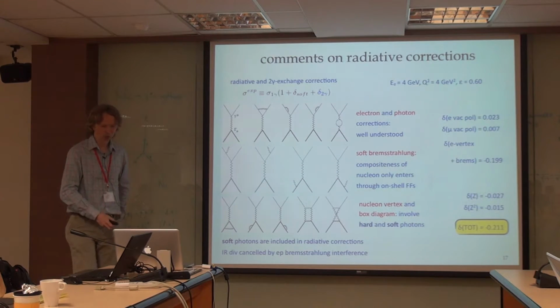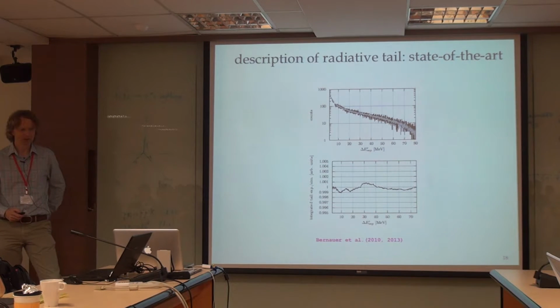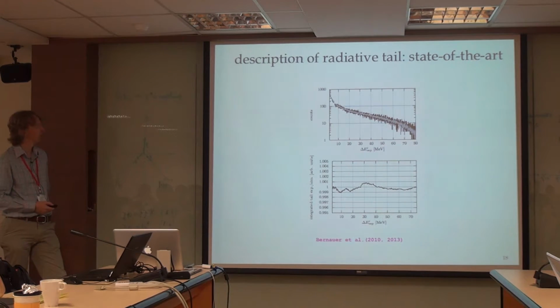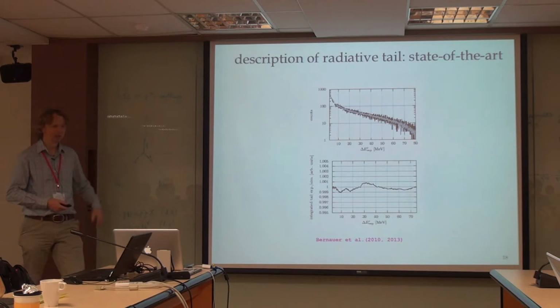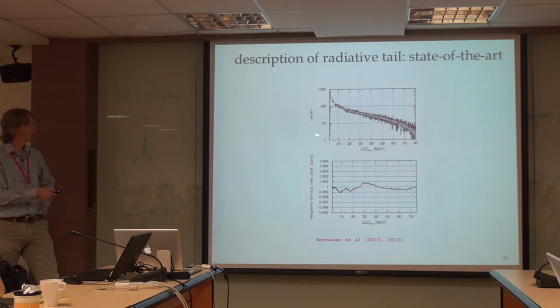Now, coming to your question, indeed, how does it depend on the resolution? So this is actually the state-of-the-art plot to show how well we understand this radiative tail. If you typically do an elastic scattering experiment, this is here the energy where you have elastic scattering, and it's just arbitrarily put at 0.